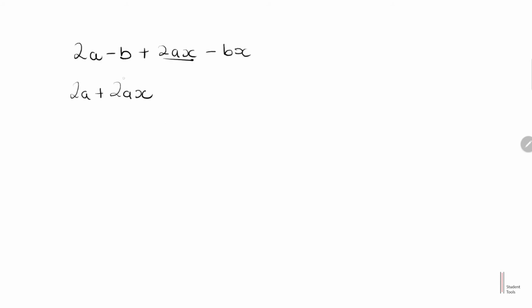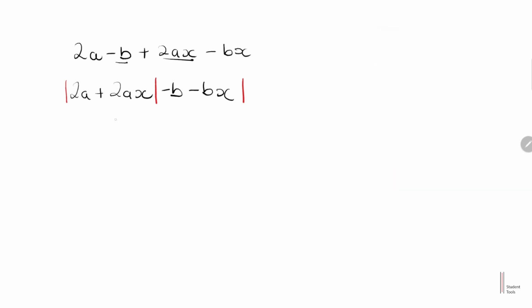And then the second group will be minus b, this one, minus bx. So actually I haven't changed anything. I just grouped these terms into two groups. So I will factorize by grouping. The first step will be to factorize the first group, and then the second step will be to factorize the next group individually.